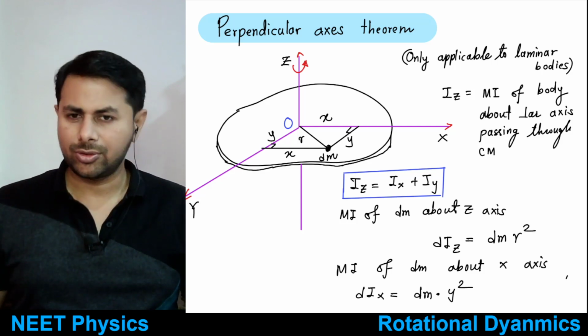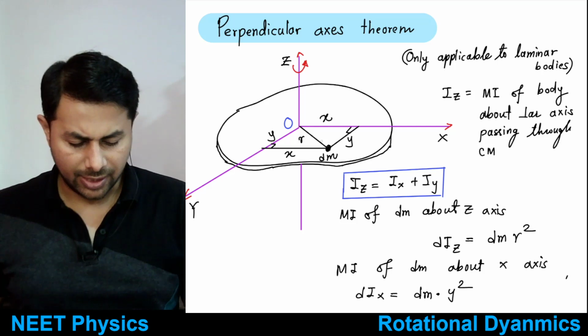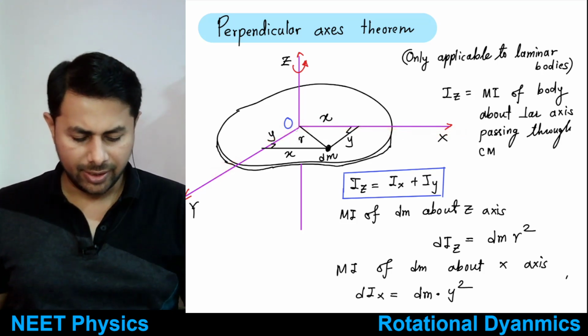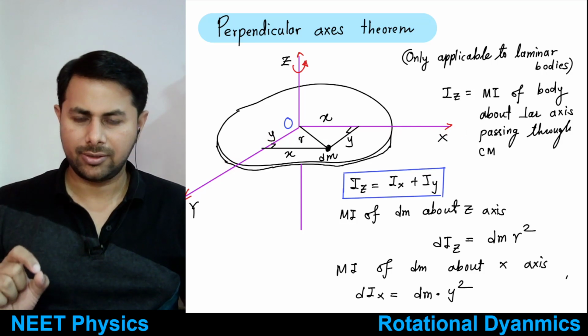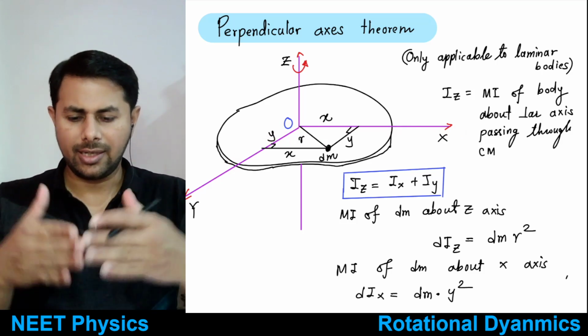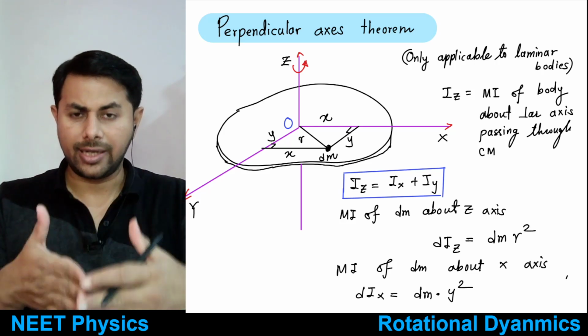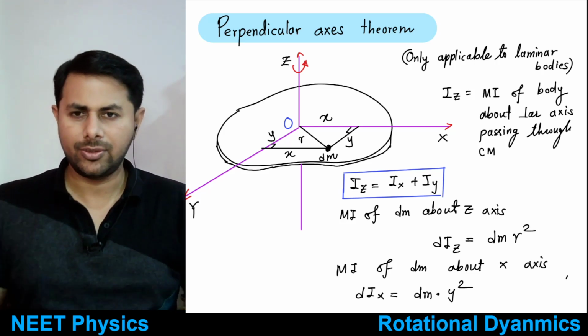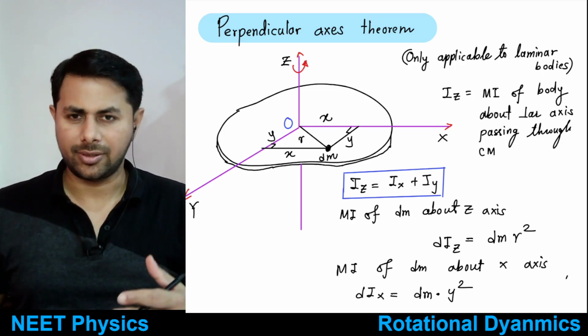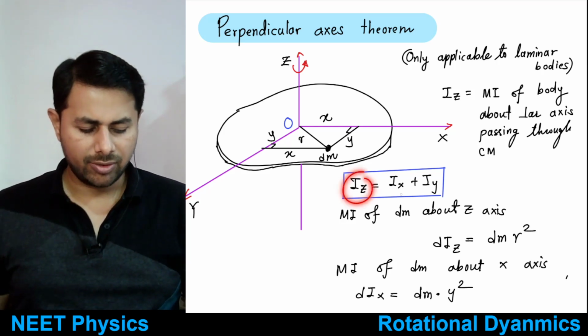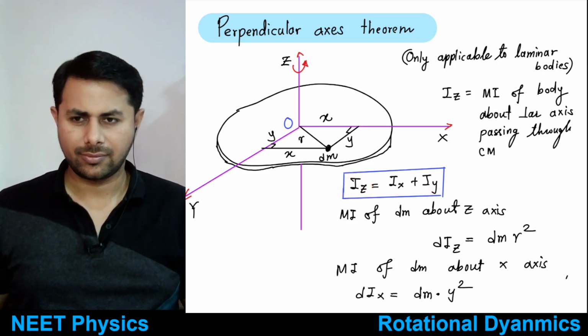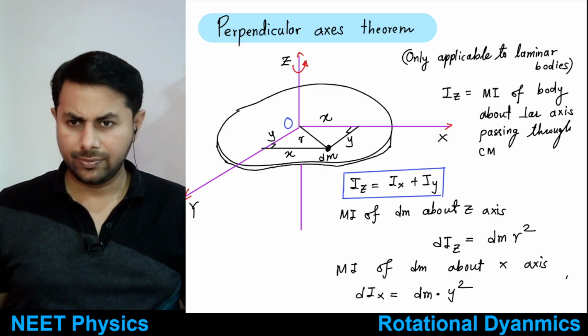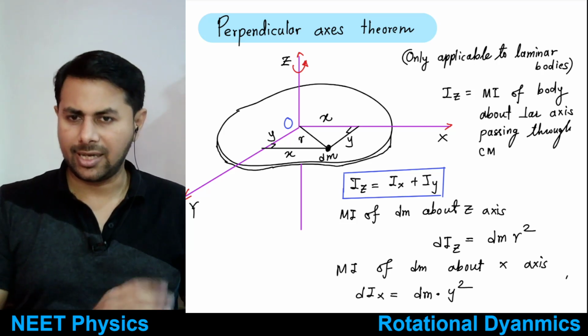But what are those two axes? So those two axes are x and y. What does that mean? Those two axes also pass through the center of mass and they lie in the plane of the body, and those two axes are perpendicular to each other. Actually, if you see, all three axes are perpendicular to each other, okay. So Iz is equal to Ix plus Iy, right? Is this thing clear, everyone? Okay, so Iz is equal to Ix plus Iy.